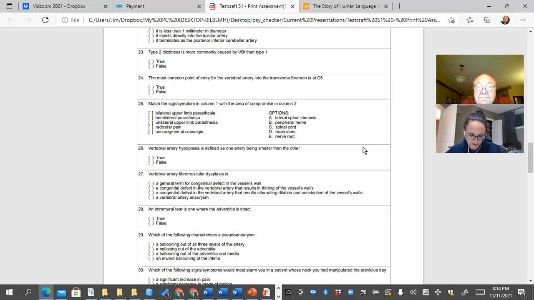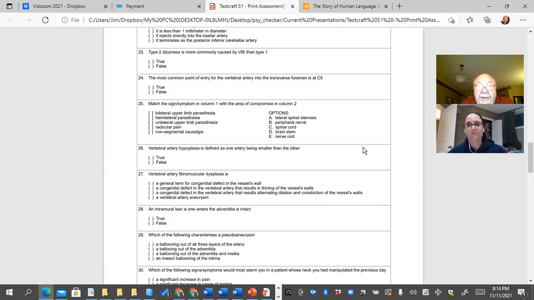Unilateral upper limb paresthesia, I put lateral spinal stenosis. Radicular pain, I put nerve root. And non-segmental causalgia was the peripheral nerve.